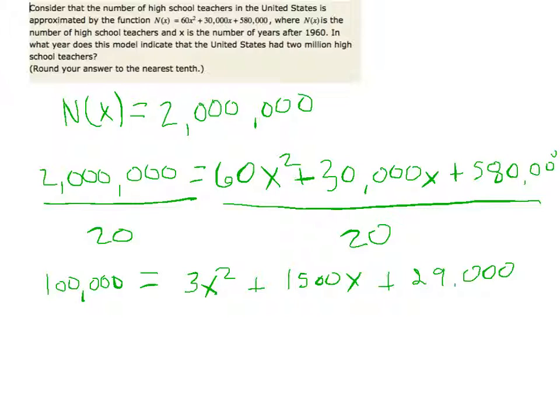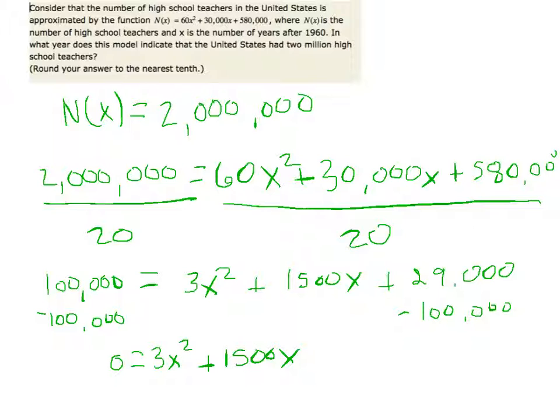Now, in order to solve this equation, I need to get it into the standard quadratic form. And to do that, I need to subtract 100,000 from each side, which leaves me with 0 equals 3x squared plus 1,500x minus 71,000.